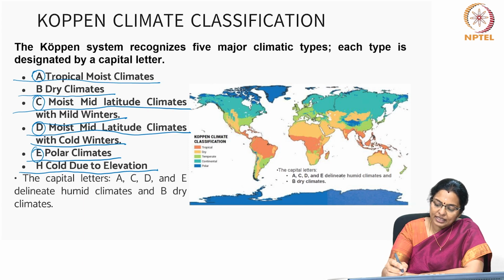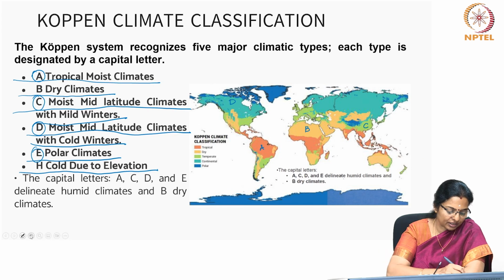So, you can see this is A, which is tropical, B is dry, C is moist temperate, D is, here is D, and E is polar. I need to change the color.